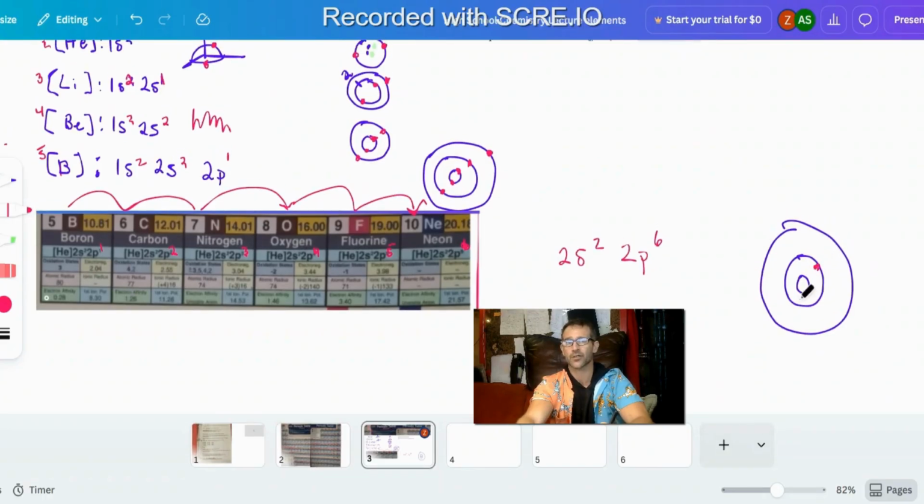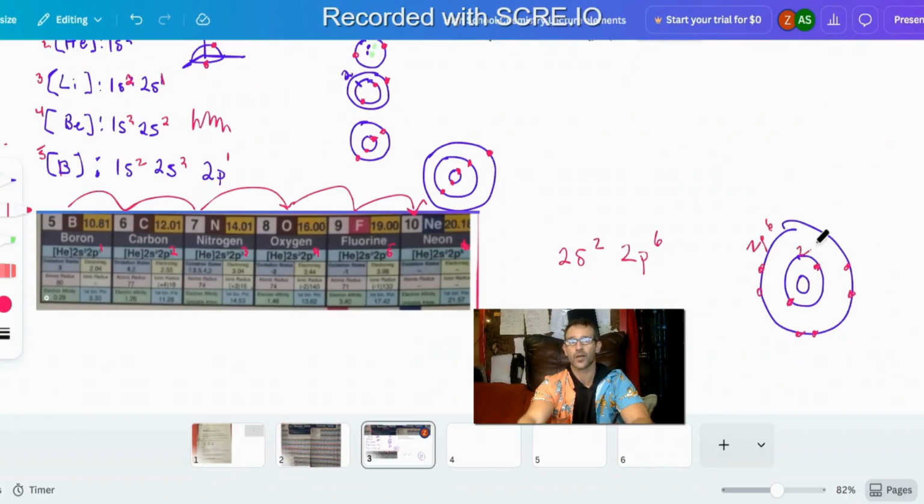So the outermost shells are the 2s2 and the 2p6. Technically, this is done by just absorbing these two shells into one shell, right? But we'll get to that later. But for now, this is how they are.